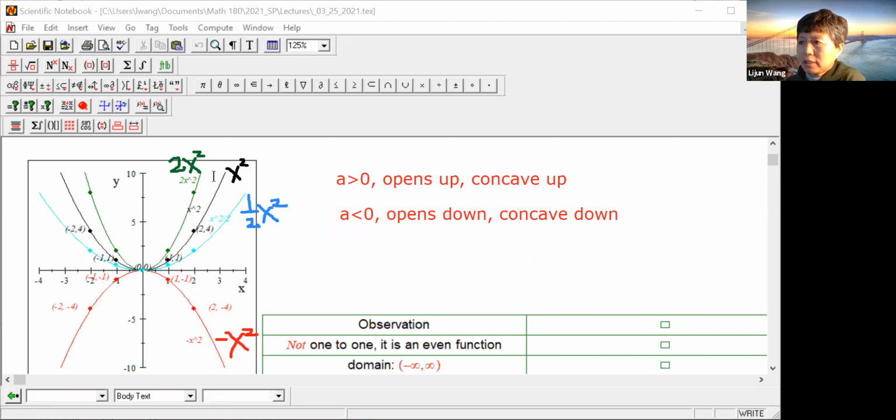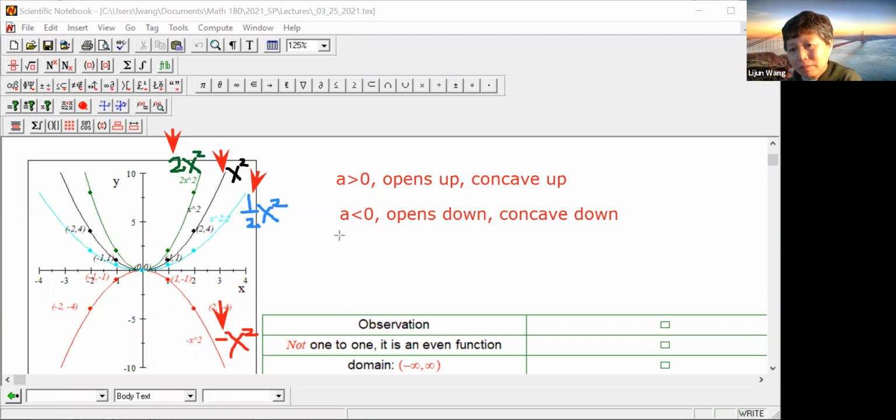You see, these are the A's, right? So what are the A's? A is 2. A is 1. A is half. A is -1. When A is positive, doesn't matter whether it's a fraction, decimal, or whole number, it is going to open up. When A is negative, like -1, it is going to open down. So can you imagine negative 2x squared?